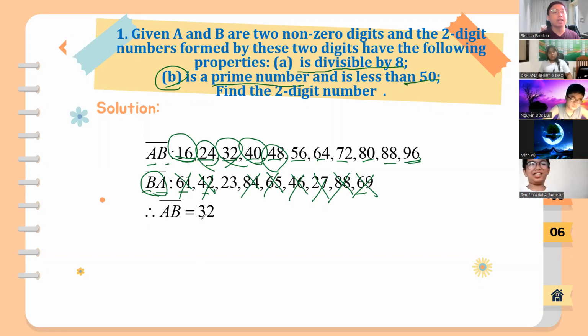So the only answer here is 32. Why is it 32? Because we're referring to AB. We know it's 23 when reversed, but the original number we are looking for is 32. Did you guys understand?